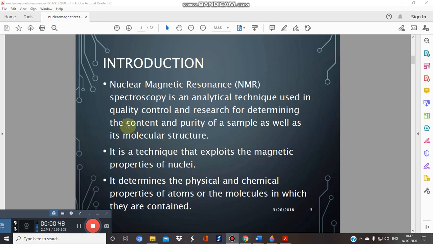So yes, NMR is also used for the molecular structure. It is a technique that exploits the magnetic properties of the nuclei.